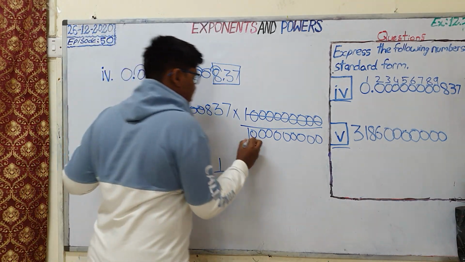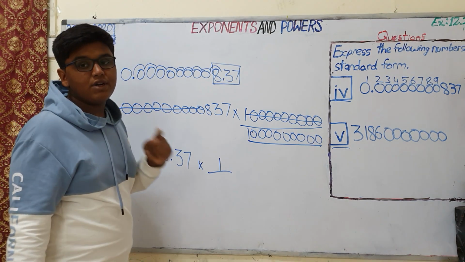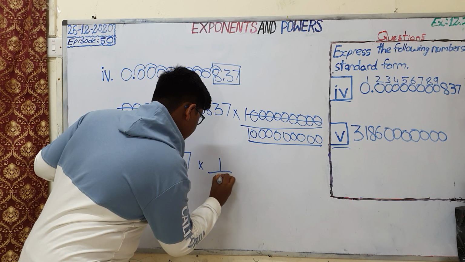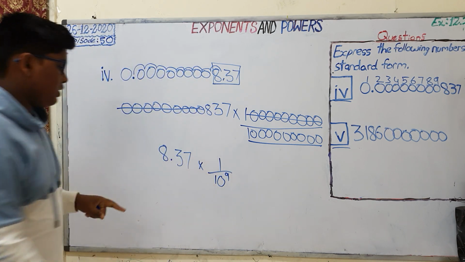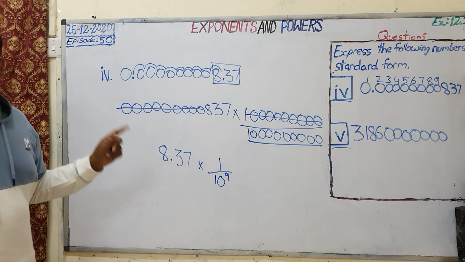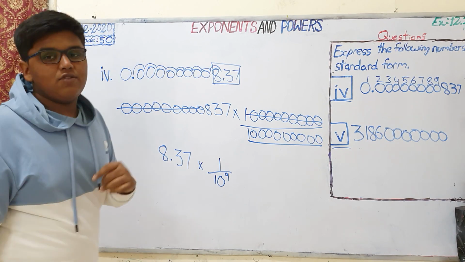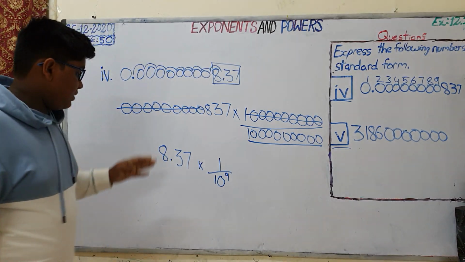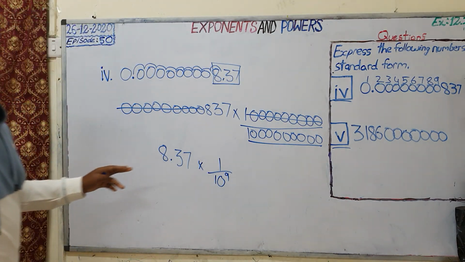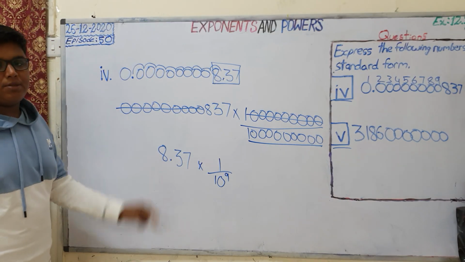Here we have 9 zeros, that's why we take the power, the number of zeros, which is equal to 9. So 10 raised to the power 9. Now the next step here which we have to do is 8.37 into 1 by 10 raised to the power 9.